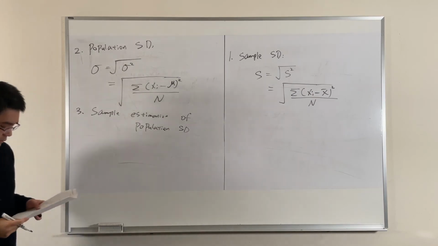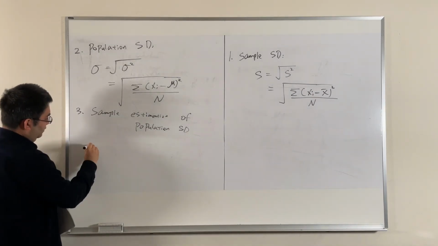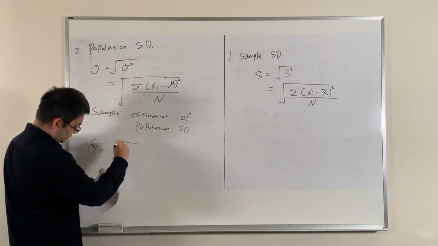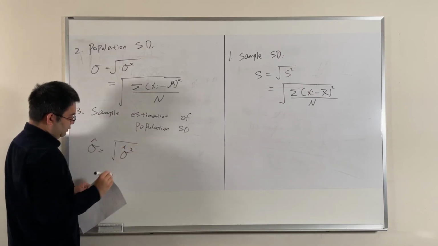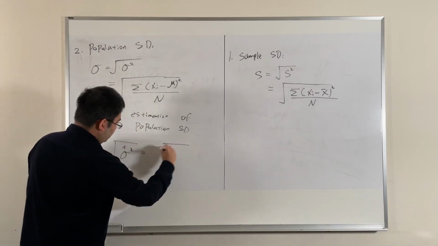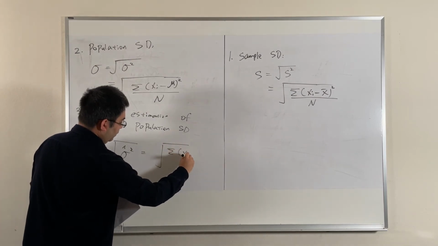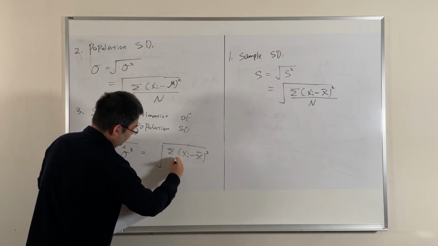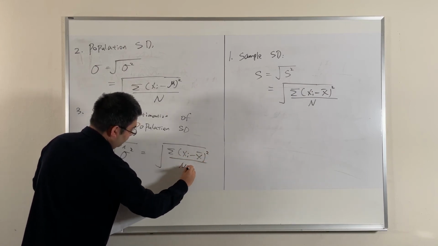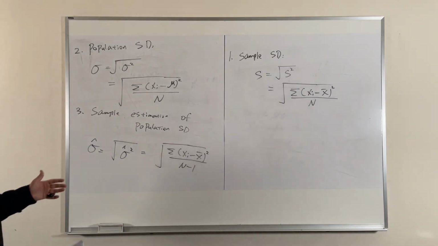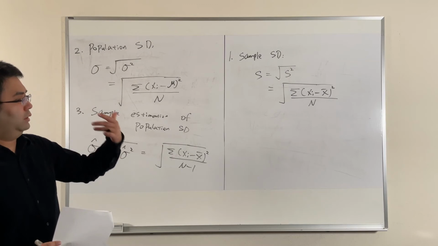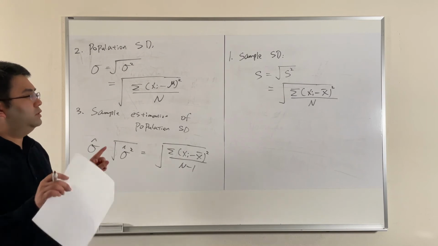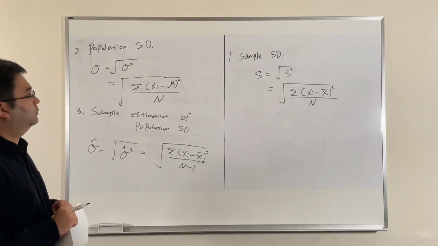It's going to be sigma hat, because it's an estimation, equal to the square root of the sum of squares of your samples divided by n minus 1. Okay, so again, we calculate the variance and then take the square root to get the standard deviation, and there's a direct link between the two. Okay, very good.